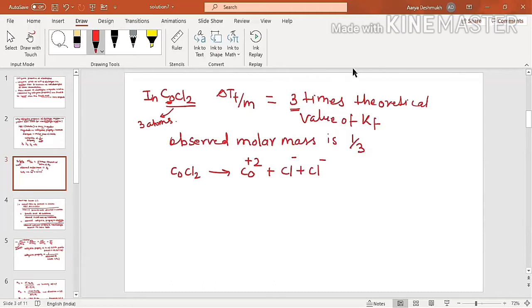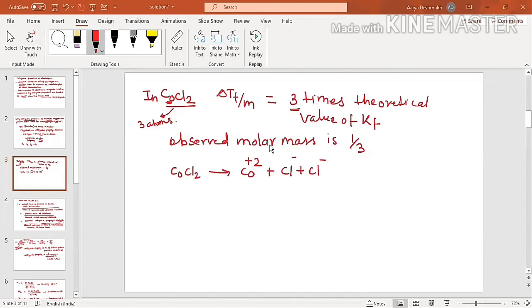The total charge should be equal to 0: plus 2 minus 2 becomes 0. When this cobalt chloride dissociates, it forms 3 ions: a cobalt ion and 2 chloride ions. So it means 3 times the theoretical value. You know that Kf equals delta Tf upon m, that is the molality.